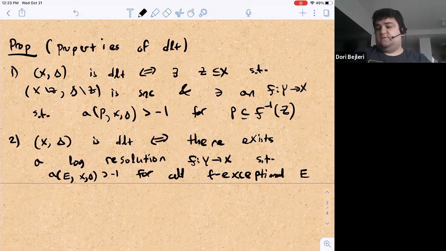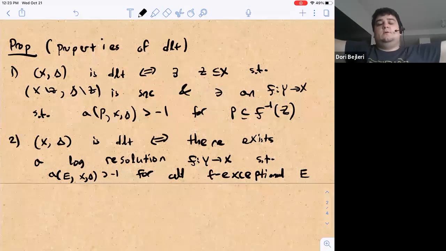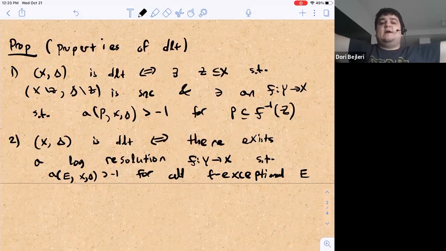Here you actually have to be careful about the resolution you pick. You can't just pick any resolution, because if you're in the normal crossings locus away from this Z, and you start blowing up at some point where two of your SNC divisors intersect, then you'll get a discrepancy that's −1 for that exceptional divisor.